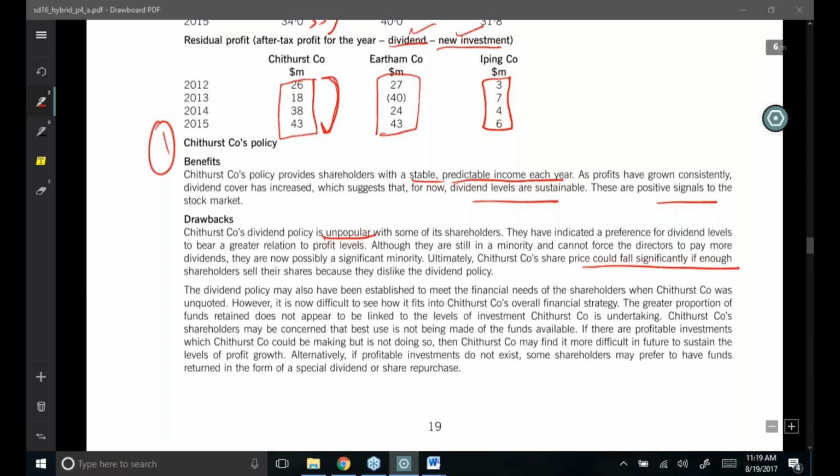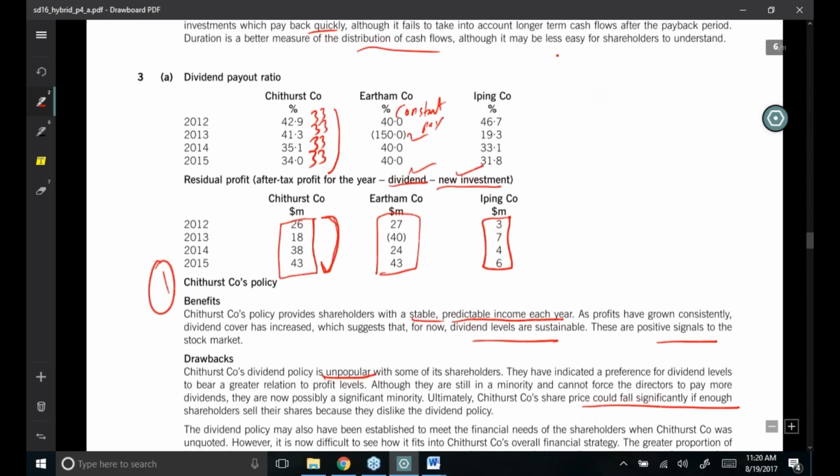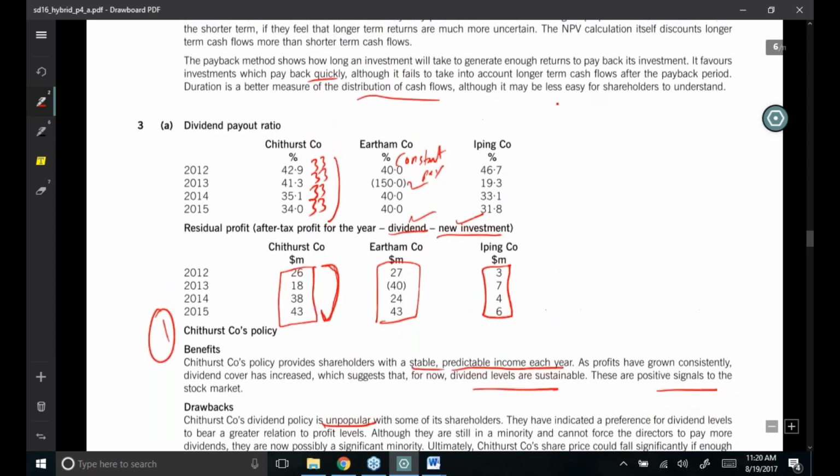Now let's move to the second company. In the second case, the company is consistently paying a 40% dividend. And in 2013, if you go back to the question, you see that the company has not earned a profit. In 2013, there was a loss of 10 million, but still the company has paid 15 million.